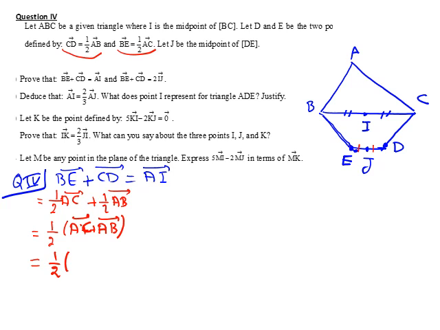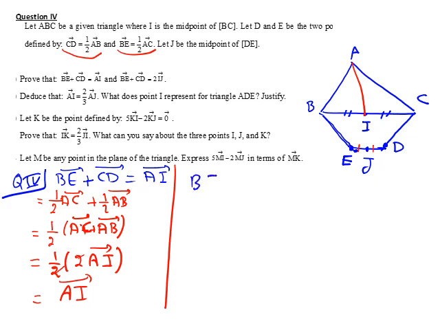AB plus AC is equal to 2AI, since I is the midpoint of BC. So 2AI over 2 is equal to AI. Verified. Now BE plus CD equals 2IJ.